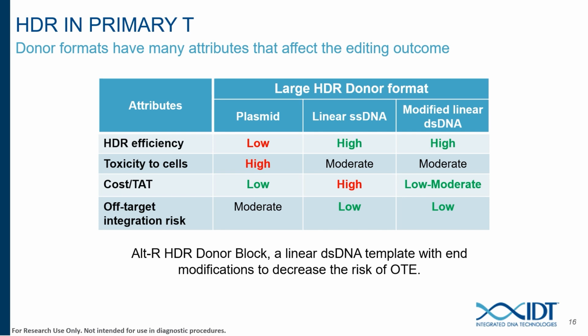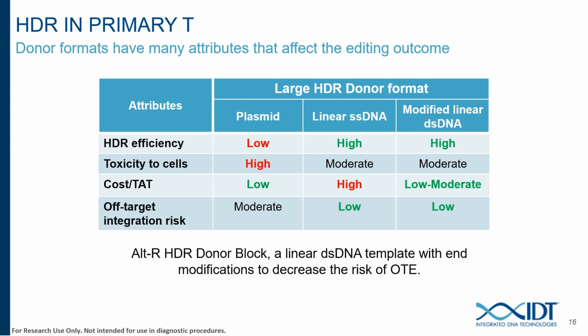determined to be the most critical were number one, HDR efficiency, toxicity, cost and turnaround time, and the risk of off-target integration, which will be especially important as the FDA rolls out more requirements for safe genome editing.